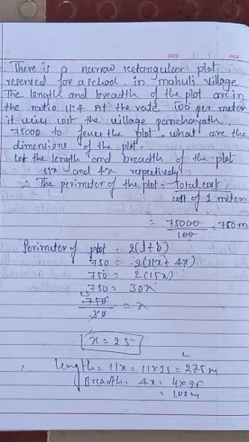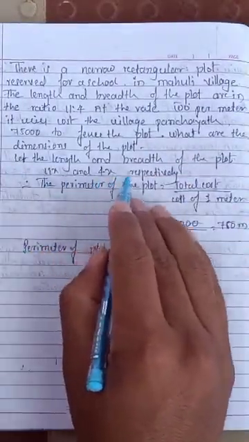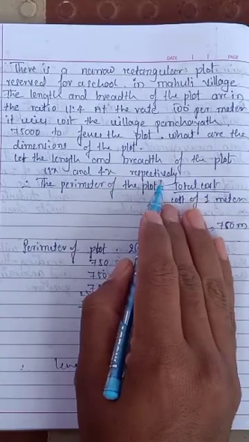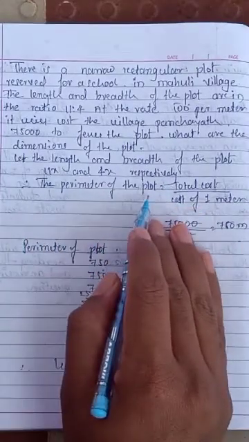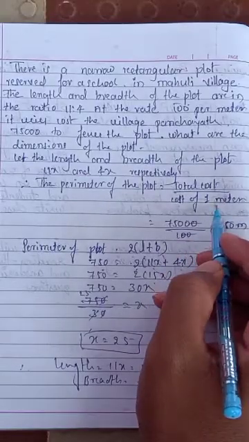So in this question he has given the total amount and the cost of fencing of 100 rupees per meter. So what to do? Let the length and breadth of the plot be 11x and 4x respectively. The perimeter of the plot means total cost divided by cost of 1 meter.